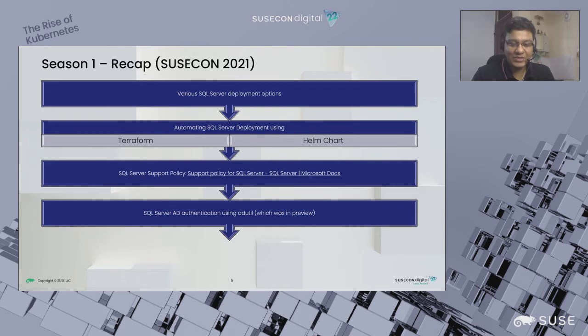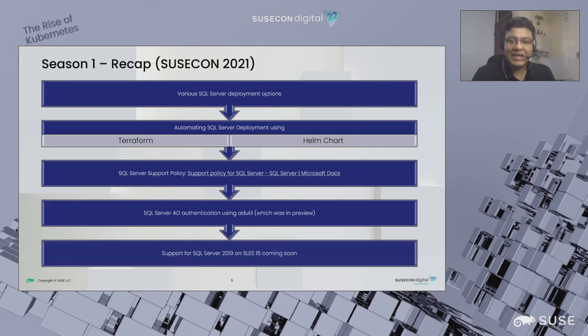AD Util is now GA and in fact integrated with mssql-conf. So we're going to see a lot more about this in today's session. Then we also spoke about how SQL Server 2019 is going to support SLES-15. This was the second promise we made in terms of our roadmap. And I'm very excited to inform you that SQL Server supports SLES-15.